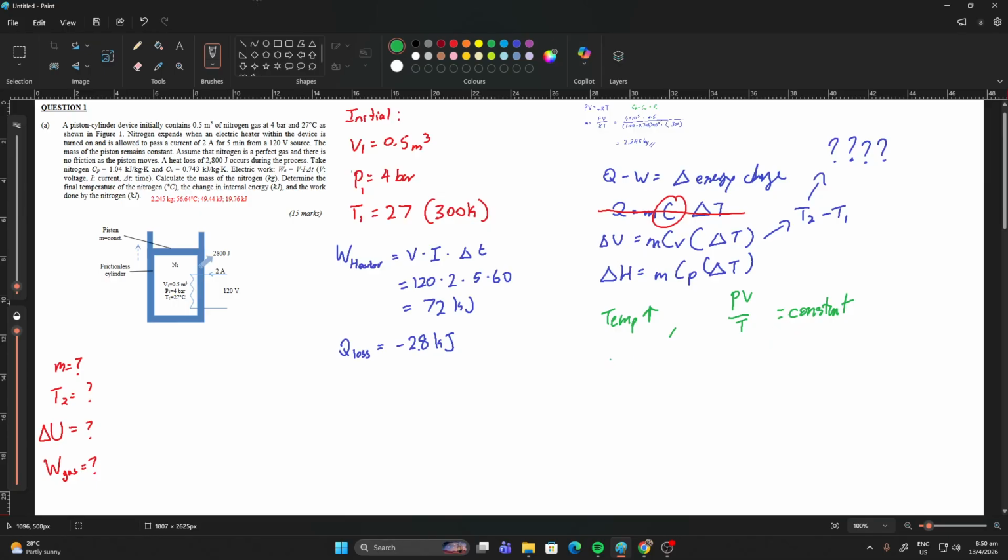But let's see. We know that it's a piston with a constant platform mass, whatever you like to call it, this little guy right here. So if my temperature keeps increasing and my pressure builds up, pressure is just more force over the same area. Since the pressure is increasing, my force should be increasing, right? So this piston now gets pushed up more. It pushes up more means volume increases.